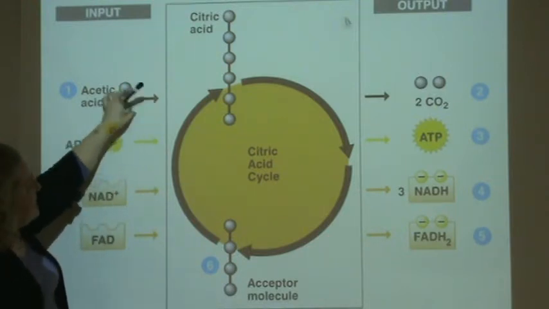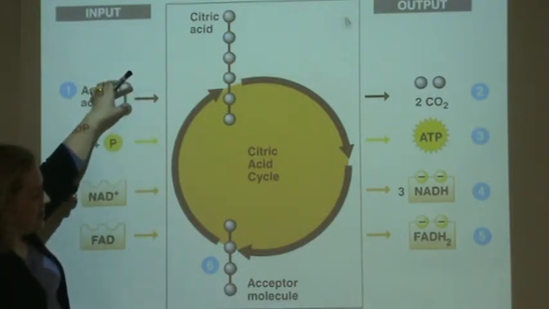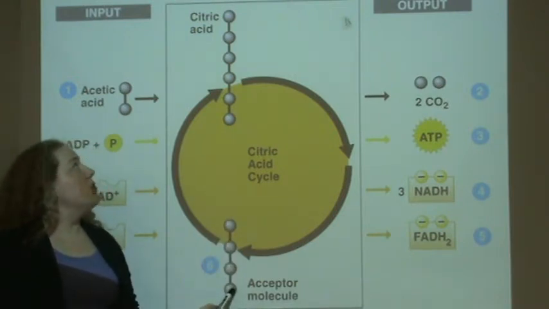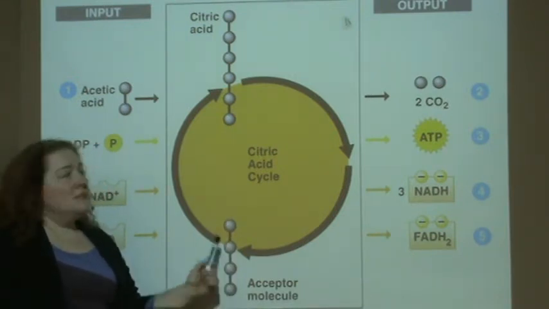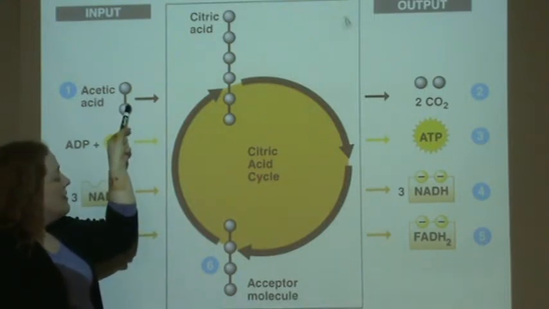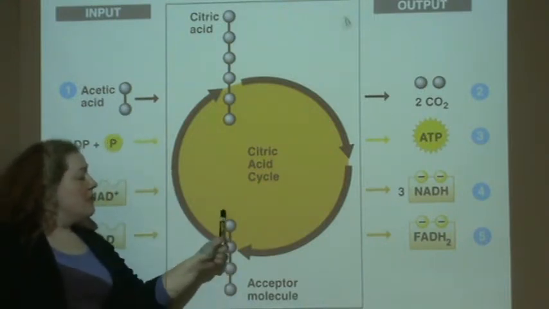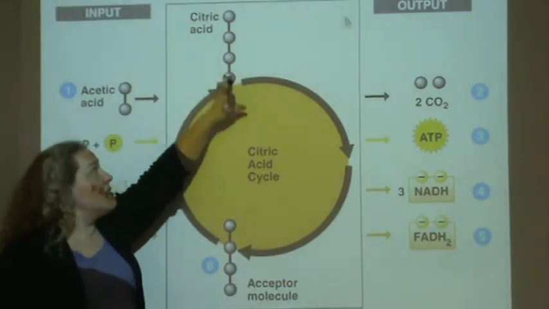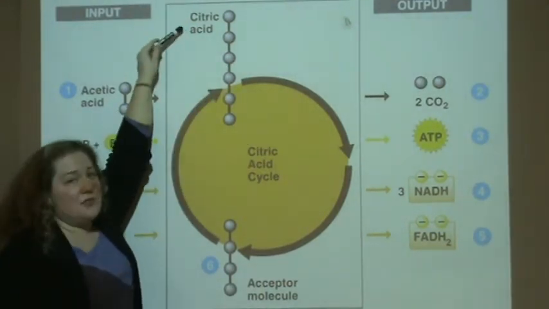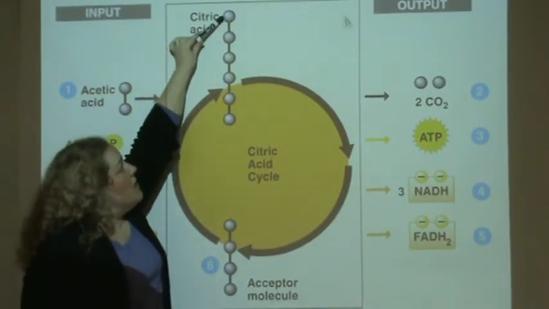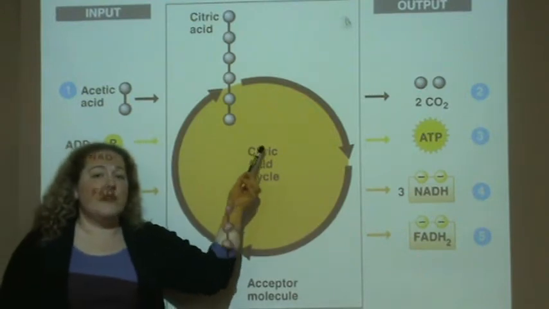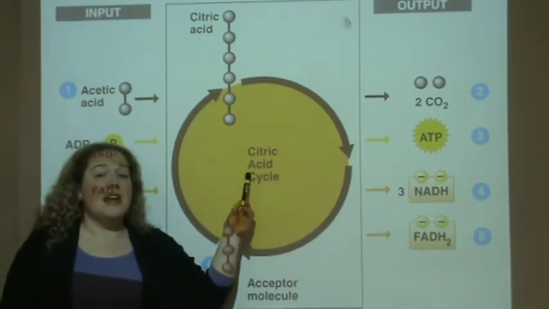And when acetic acid comes in with its 2 carbons, it's going to combine with a 4-carbon molecule. This actually is getting covalently attached to a 4-carbon molecule to make another 6-carbon molecule called citric acid. So here, this particular 6-carbon molecule is citric acid, and that's where the citric acid cycle name comes from.